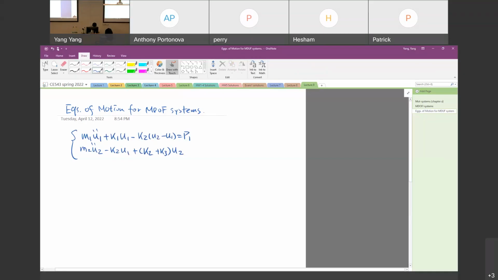And the way we organize them, we combine the terms with U1, with U2, with U3.